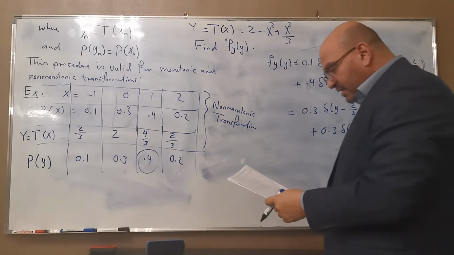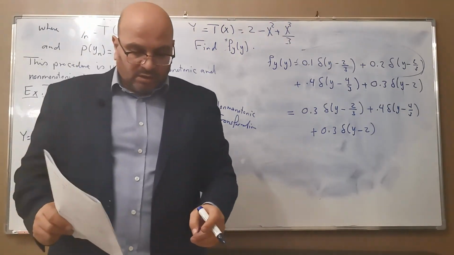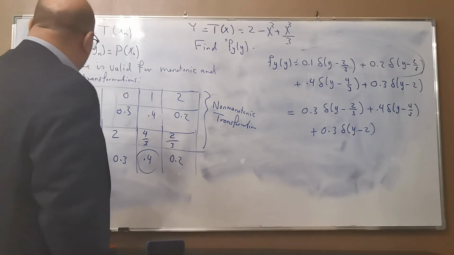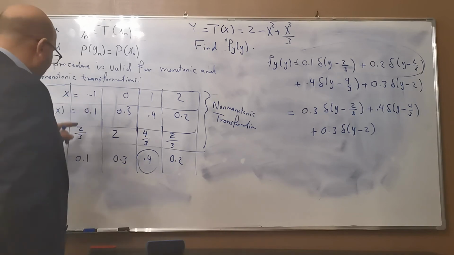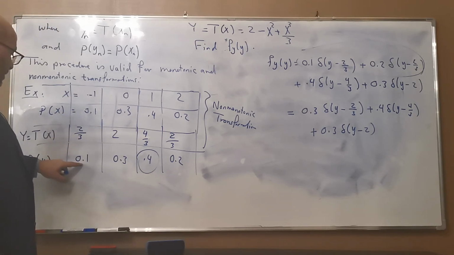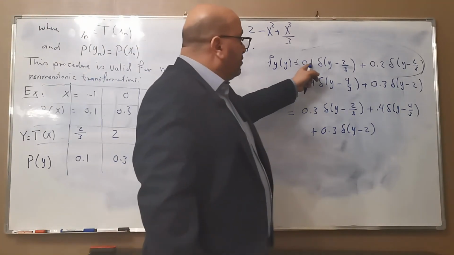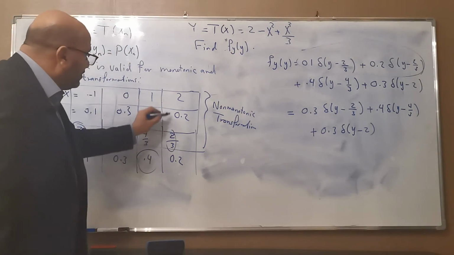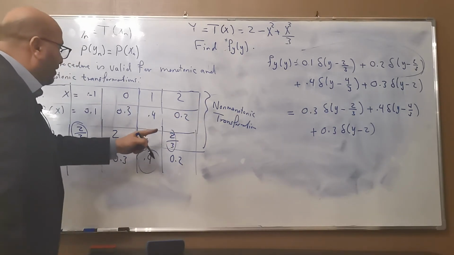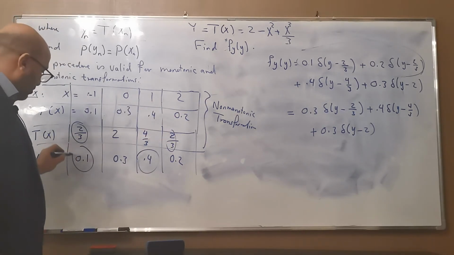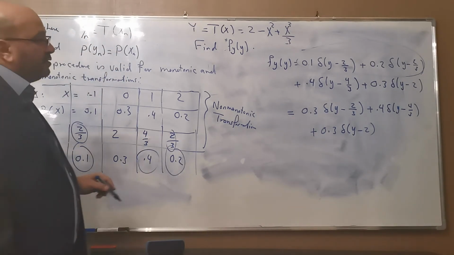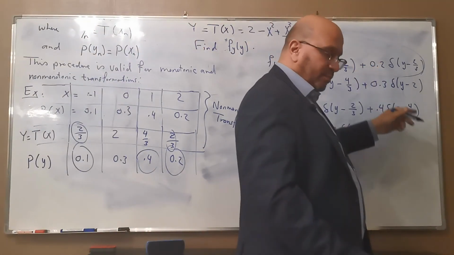You see, it's a very easy procedure to do the monotonic or non-monotonic transformation of discrete random variables. You take the discrete values, you transform them, you take their probabilities, which are the same as the probabilities of their corresponding y's, and you do the delta function. If you have the same y coming from different x's, then you have a non-monotonic case, and you add those probabilities to be at the same location, which is y equals 2/3, as we did here, the 0.1 and the 0.2.